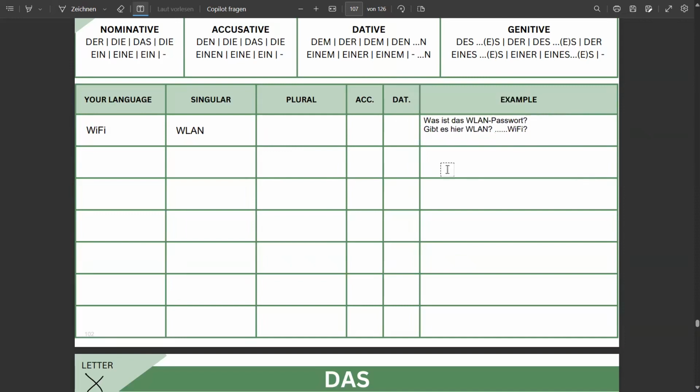Yeah, it's the same. Of course, some experts would say, oh no, WLAN is this and Wi-Fi is something else. But I give you language here. I don't give you technological knowledge. So if you go in Germany to a cafe and you want to ask, you can say, "Gibt es hier WLAN, bitte?" Or "Gibt es hier Wi-Fi?" Both is the same, and the plural of WLAN, we don't have to say it.